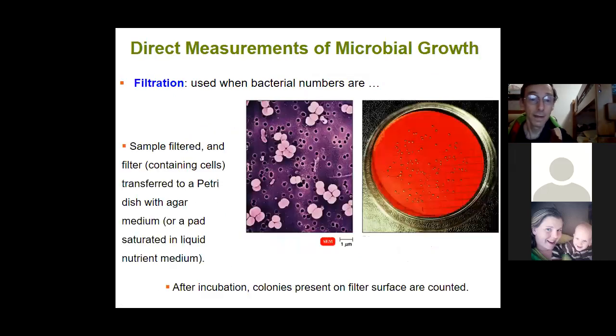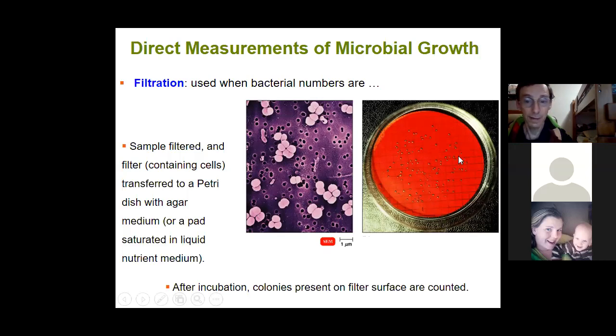All right. If you had a very low number of cells in a solution, you can send the solution through a filter, as shown here, and then put that filter on an agar plate, and then allow the cells to grow.